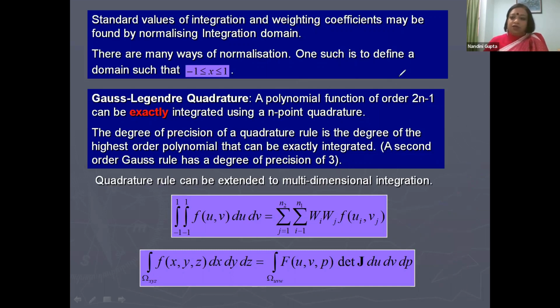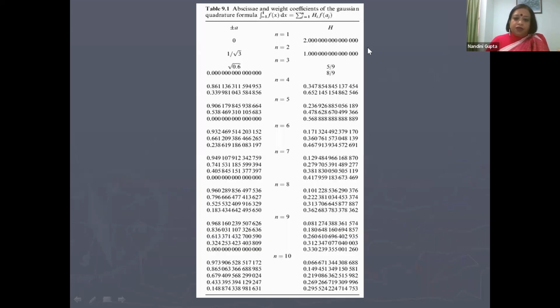I'll come to the multidimensional thing later. So what does it exactly mean? Let's take an example. Let's say you are going to integrate the same polynomial. Remember, the integration is always from -1 to +1.